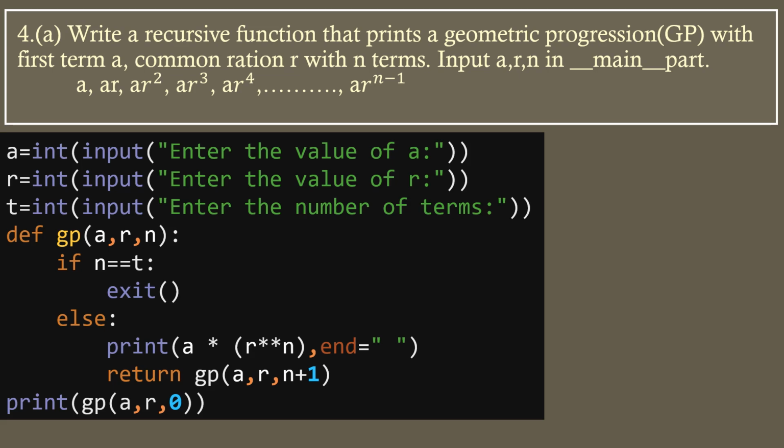Now we are calling the function gp, and we have passed the values like this: a comma r comma 0, because we have taken the initial value of n as 0. And we will take the values of a and r and t during runtime.